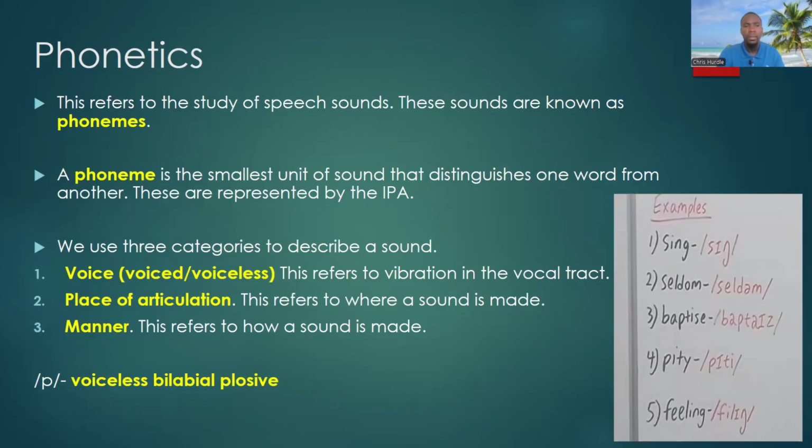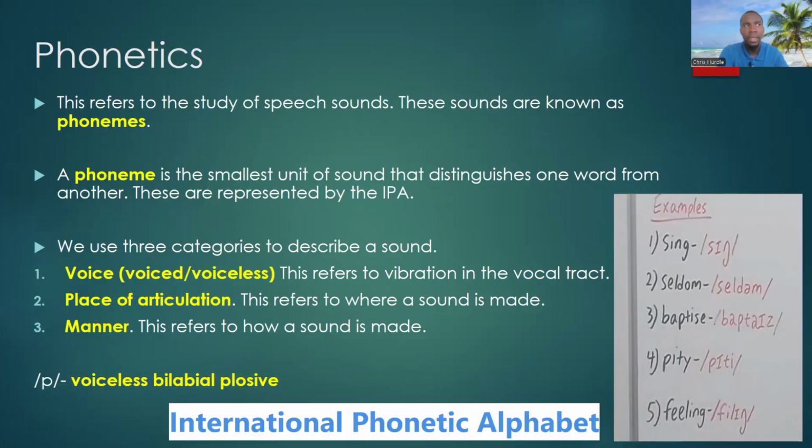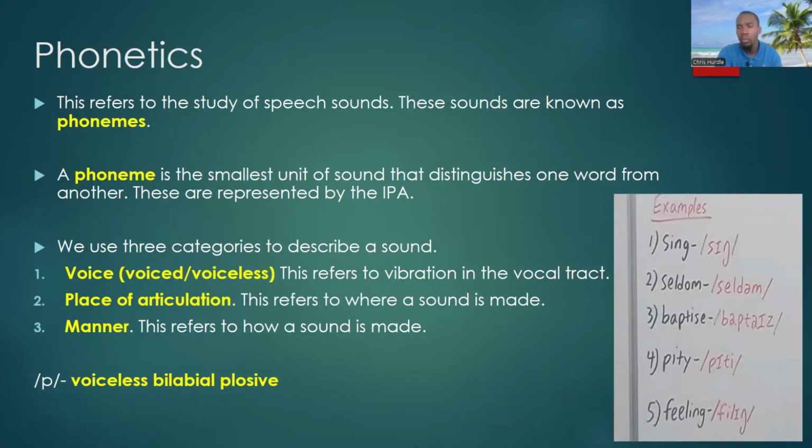So this is phonetics. Phonetics deals with physical properties of speech. If you look to the bottom right, you see examples of transcriptions. As I said, these phonemes are based on the IPA chart, which is the International Phonetic Alphabet. These are symbols that are used to represent different sounds.